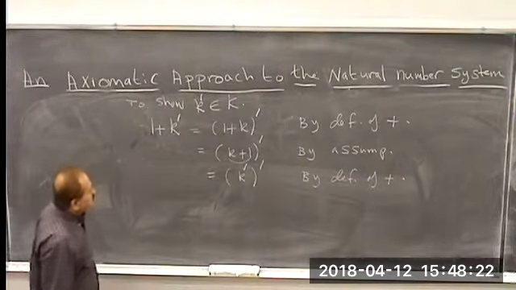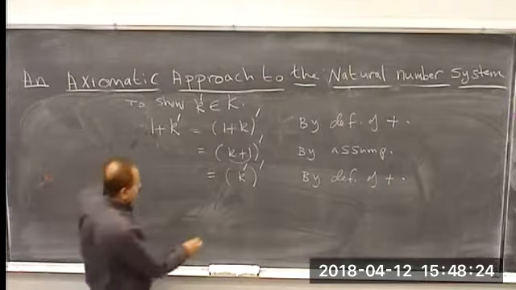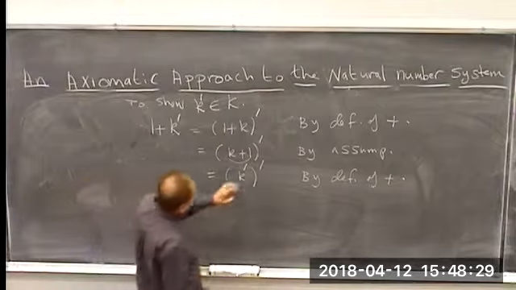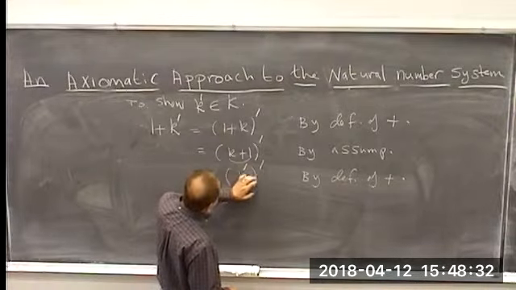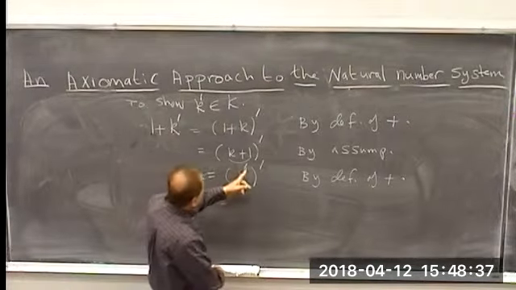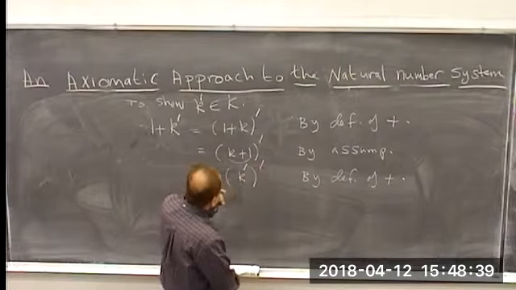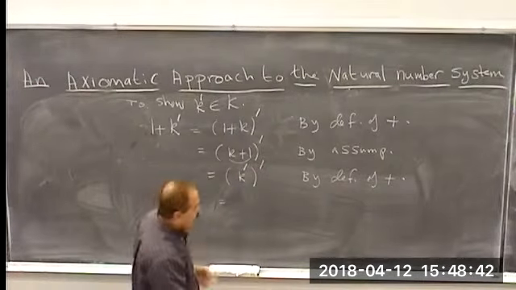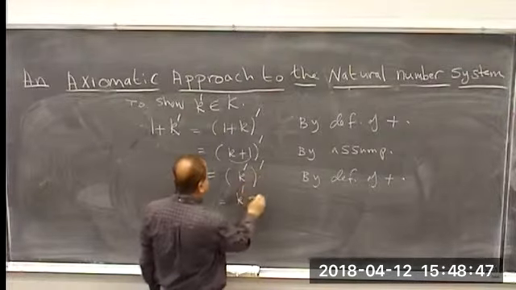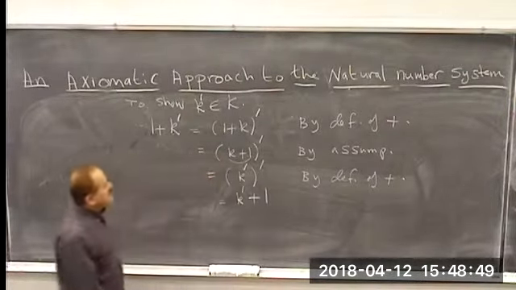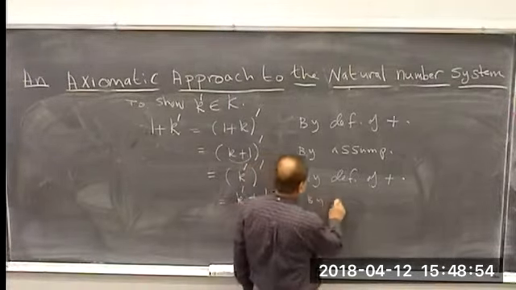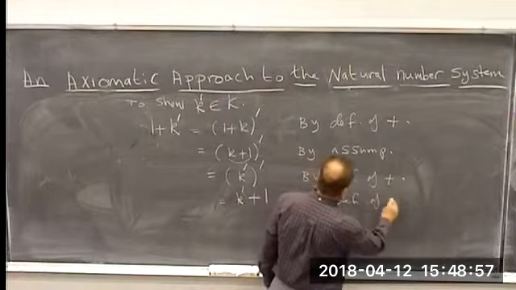All right? Now, this is equal to, so we have a successor of something, okay? And we can write this as k prime, k plus 1. Okay, again, this is by definition of addition.